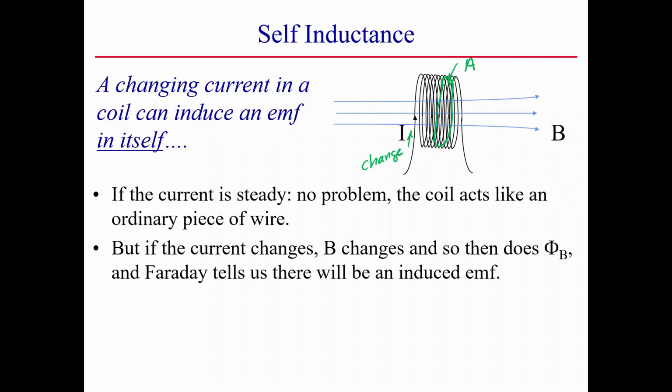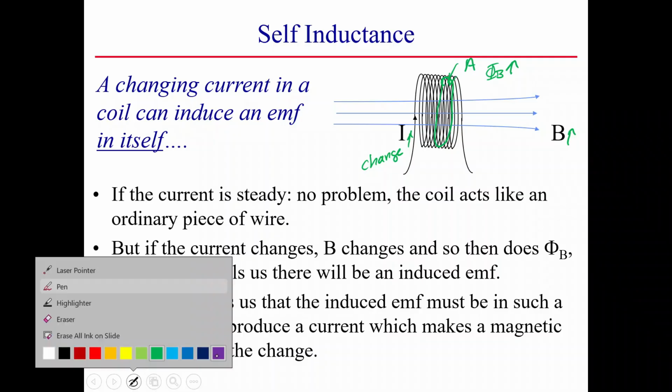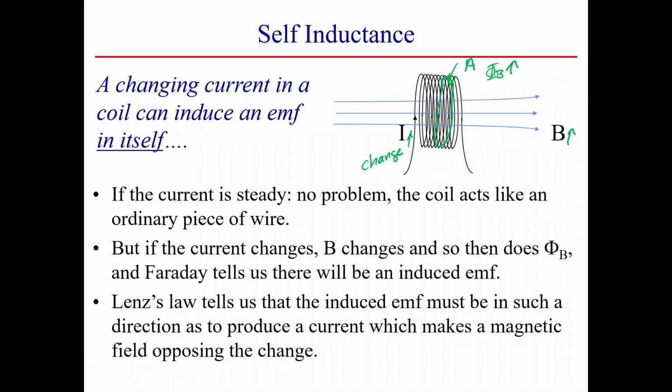So let's say I'm increasing I, then our B is increasing, so the flux through itself is increasing. That is going to induce a current and an EMF that has to oppose that change. And so what we end up getting is what we call a back EMF, because in order to oppose the change, we have to have an induced magnetic field in the opposite direction as the original field.